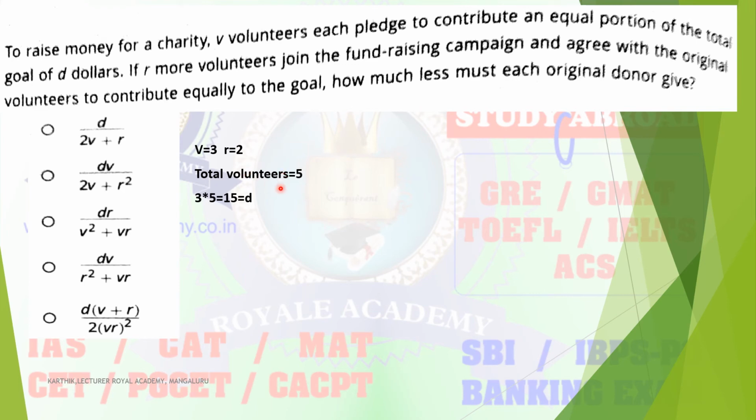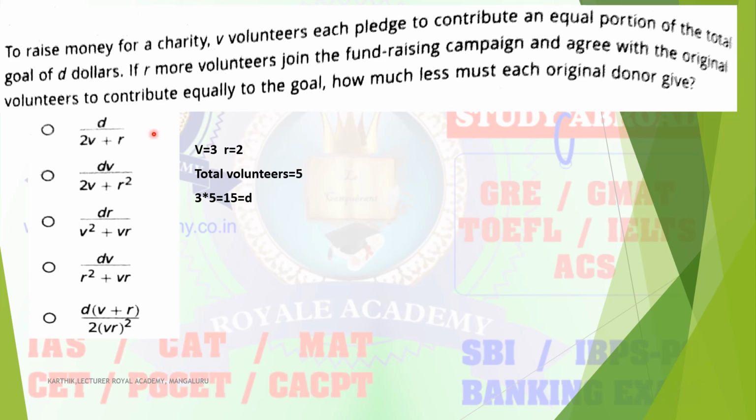Then you have to find out D. So how to determine D? You choose a value of D in such a way that it is divisible by both the original volunteers as well as the total volunteers.